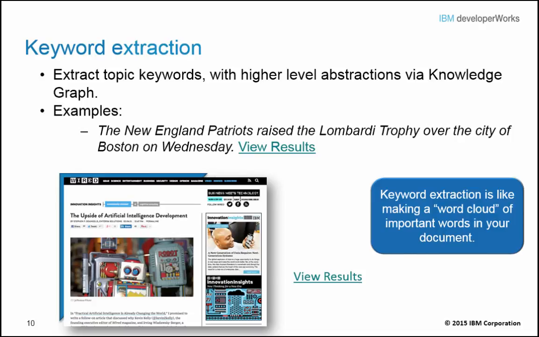Keyword extraction builds a knowledge graph from your document and then extracts the topic keywords. Click on View Results for the text and news article to get the list of keywords and their relevance in the document.